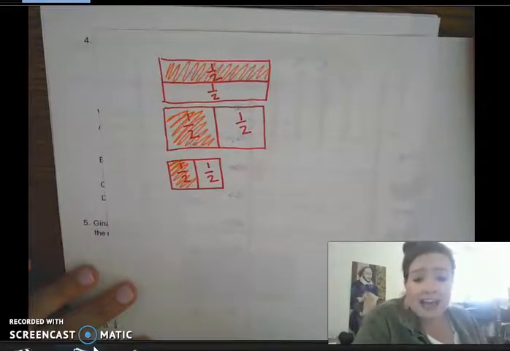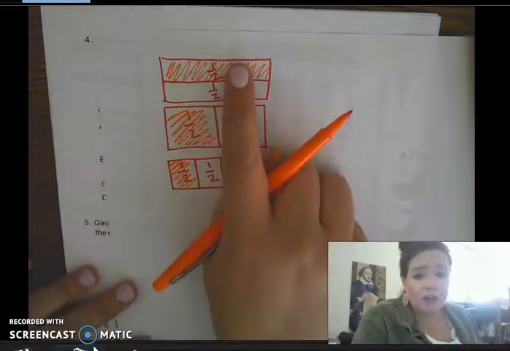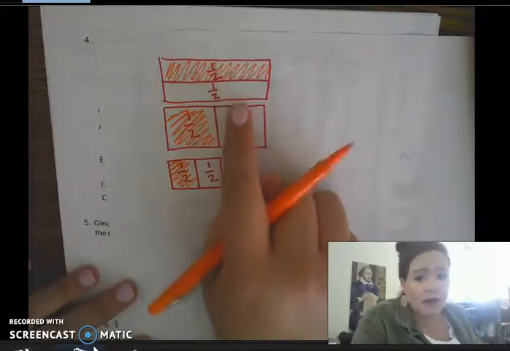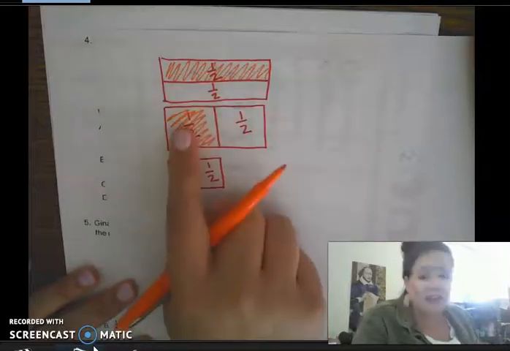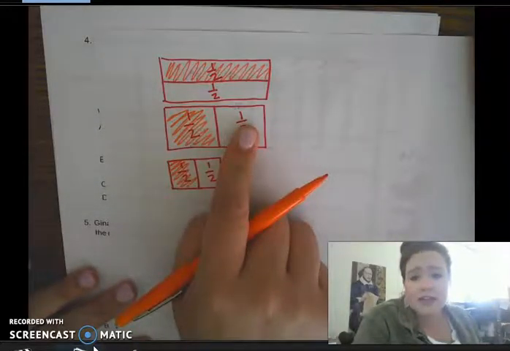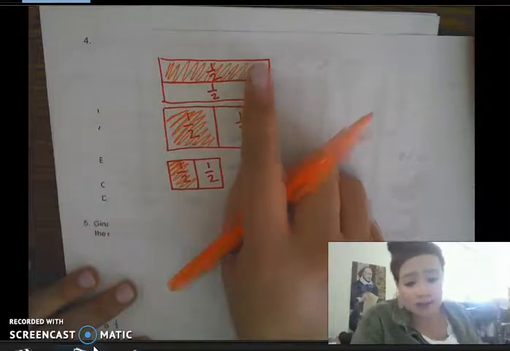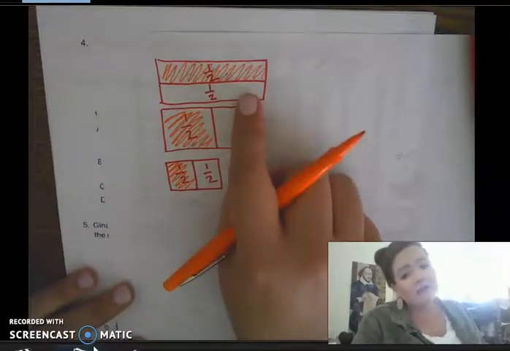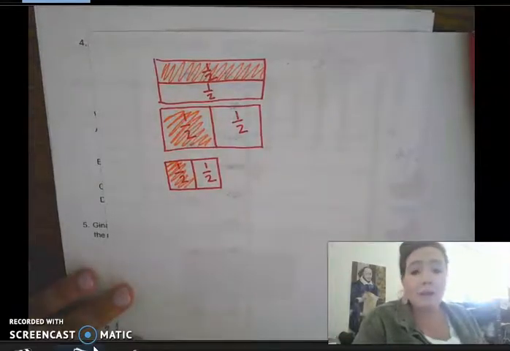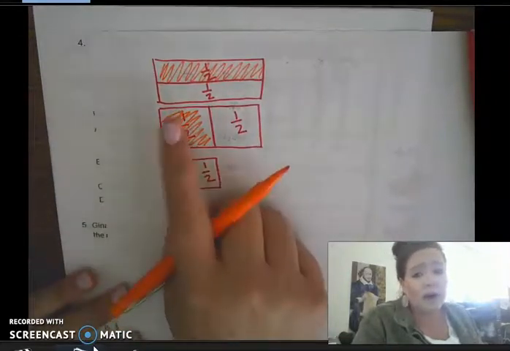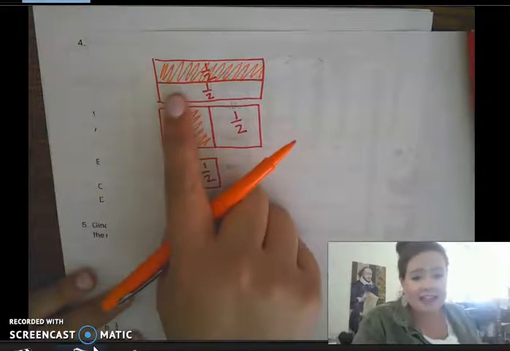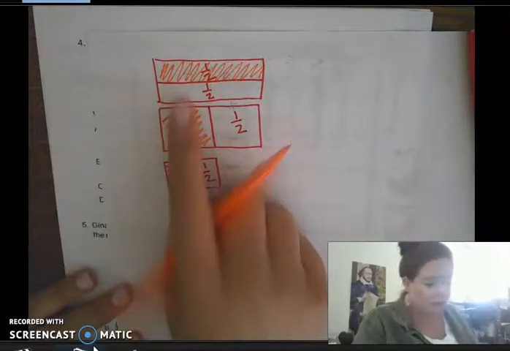You sure did, even though your parts do not look the same. Okay, this is a long rectangle, and this looks like it's cut into 2 squares. Even though your halves do not look the same, you ate the same amount of cake because you both ate 1/2 of your cake, and your cake is the same size whole, okay?